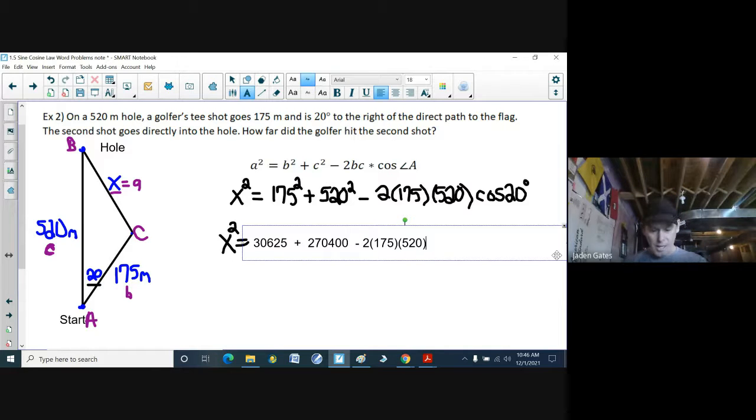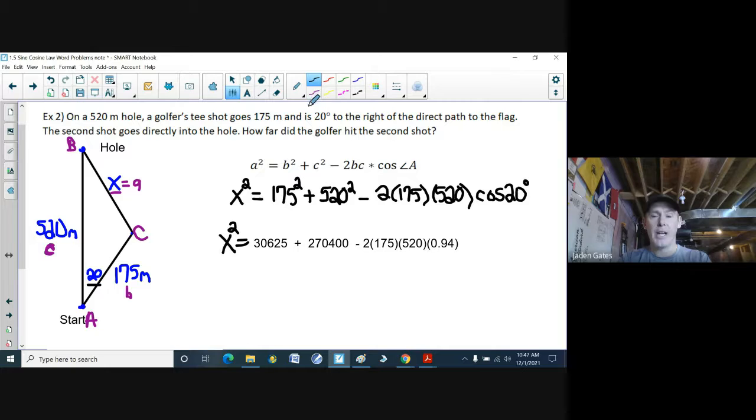Now that cos 20, that's a number. Like I said, I like numbers. So let's get that down as a number, and I'm getting 0.94. All right, so continuing to solve. But again, I have to follow BEDMAS, so I have to do all this multiplying over here. This is always the step where I see students struggle the most. It's just following BEDMAS.